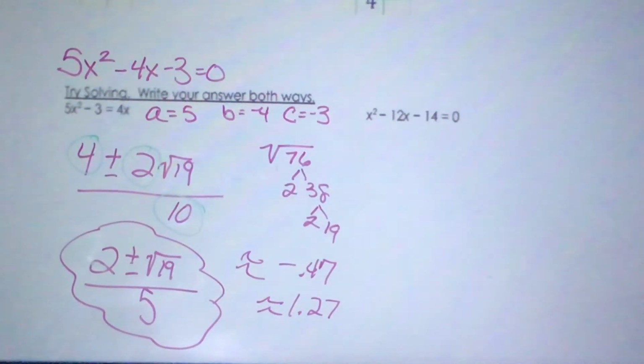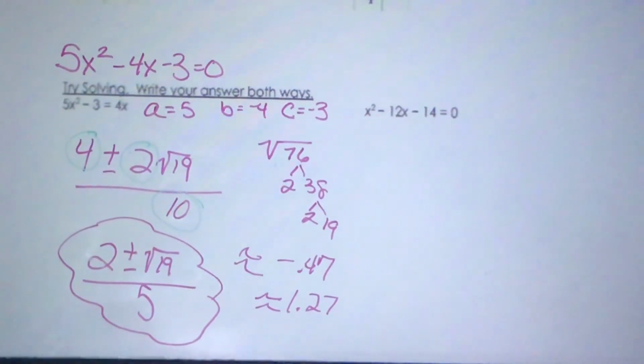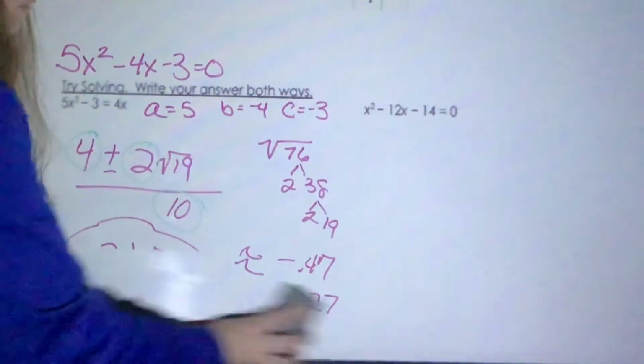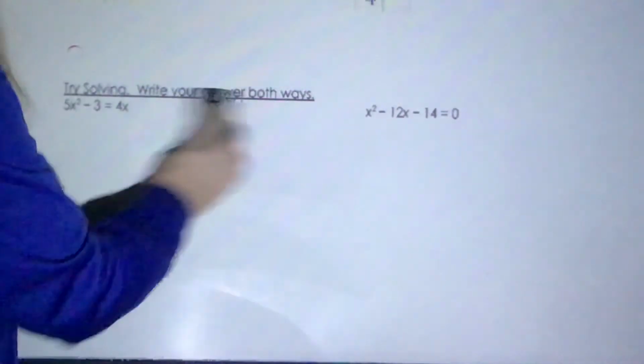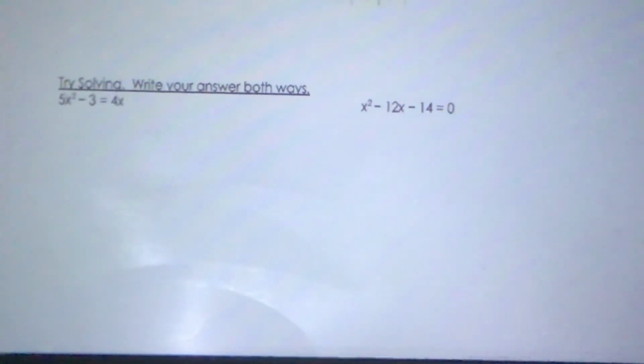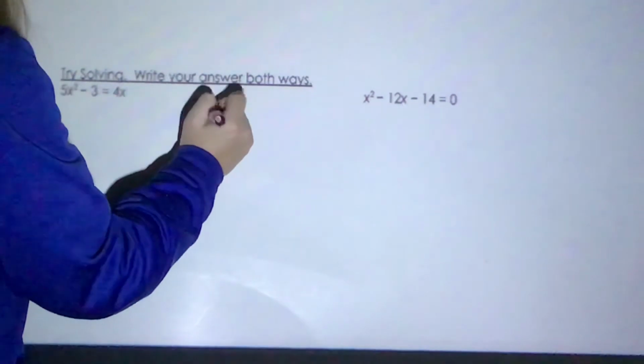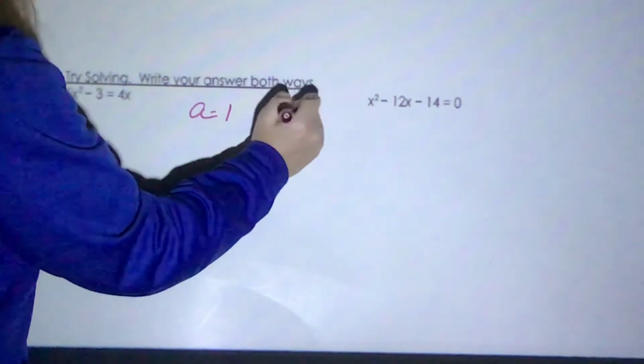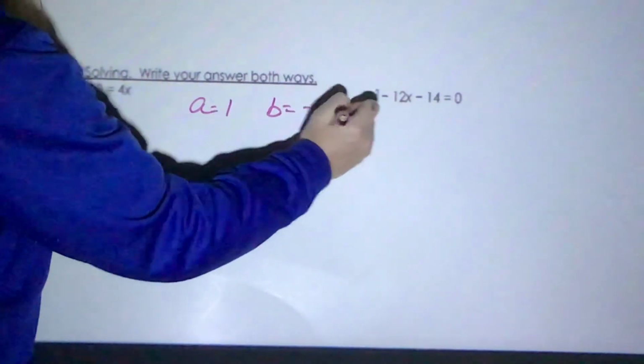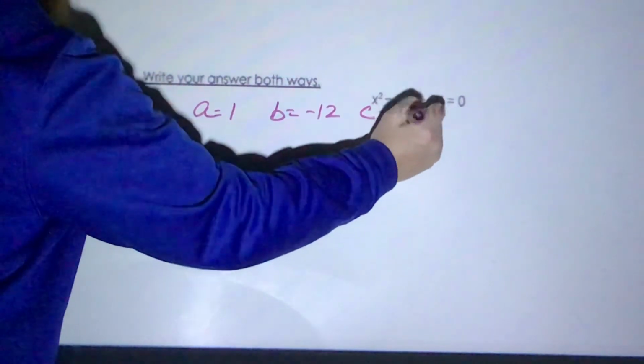Now for my second one, I'm just going to erase this work so that we have some space. For the second one, it's already in standard form. So my A in this case is 1. My B is negative 12. And my C equals negative 14.